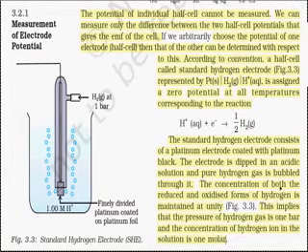The concentration of both reduced and oxidized forms of hydrogen is maintained as unity. This implies that the pressure of hydrogen gas is 1 bar and the concentration of the hydrogen ion in the solution is 1 molar. This is the meaning of unity.